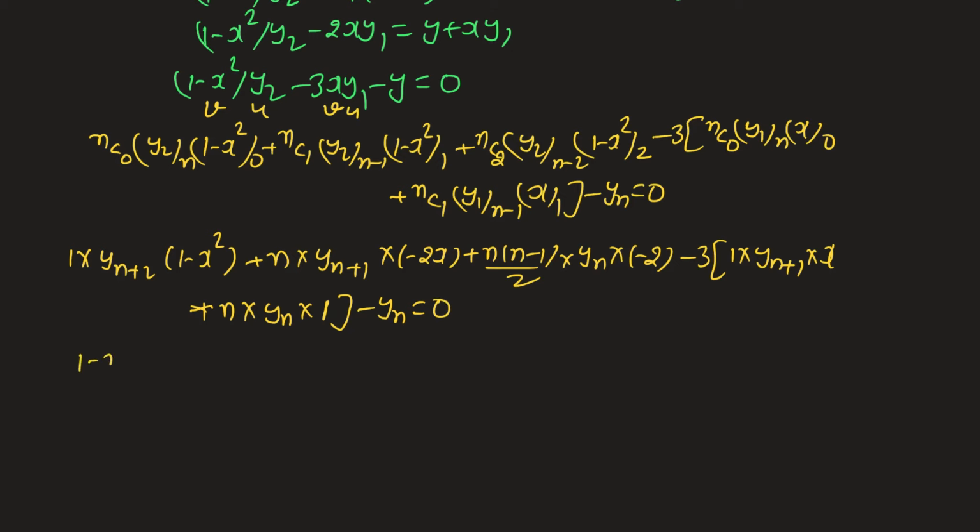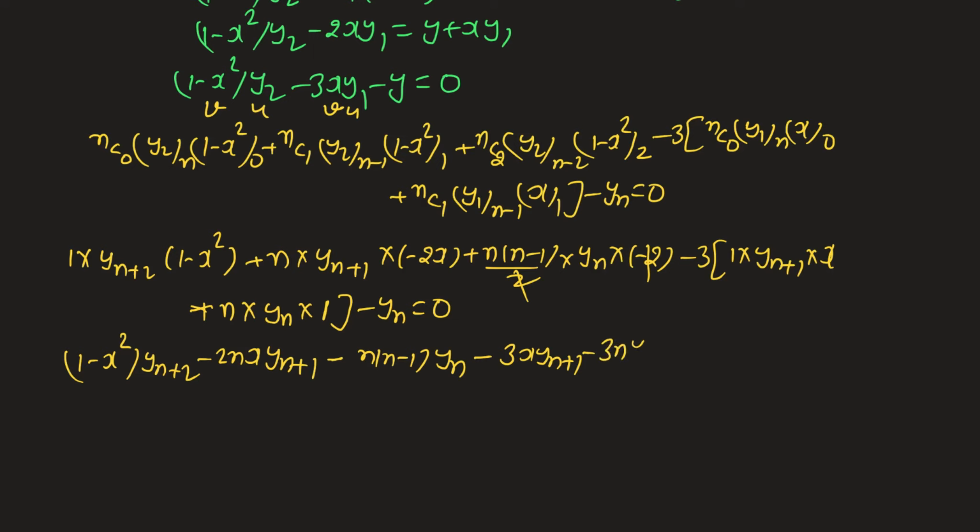So this will be (1 minus x square) y_{n+2} minus 2nx y_{n+1}. This 2 to 2 will cancel out, minus n(n minus 1) y_n minus 3x y_{n+1}, minus 3n y_n minus y_n equal to 0.